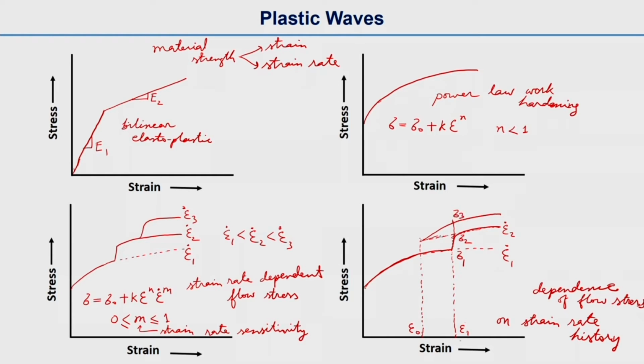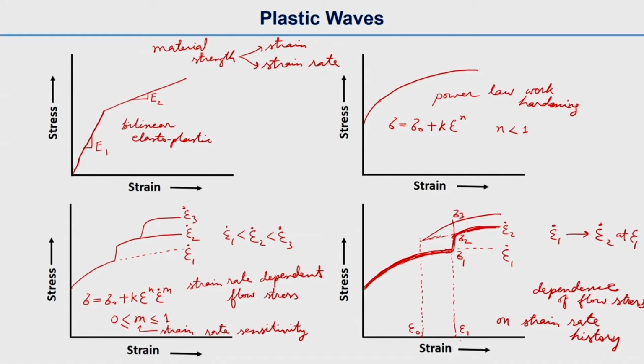So, what we did first is we have the stress strain curve, and at strain epsilon 1 we increase the strain rate from epsilon dot 1 to epsilon dot 2. This is at strain epsilon 1, and then we got this curve.